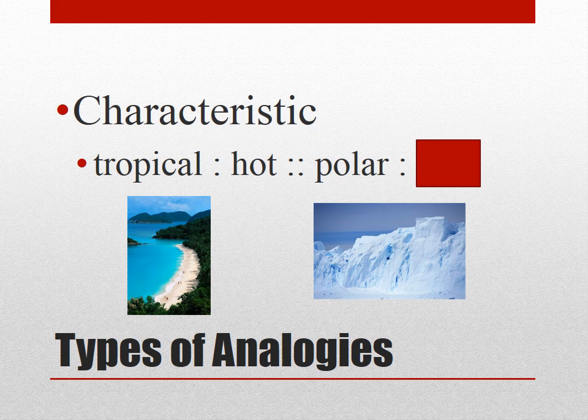Next we have characteristics. Characteristics would be words that are commonly used to describe a person, place, or thing. So a word that commonly is used to describe tropical would be hot. What would be a word that we use to describe polar?